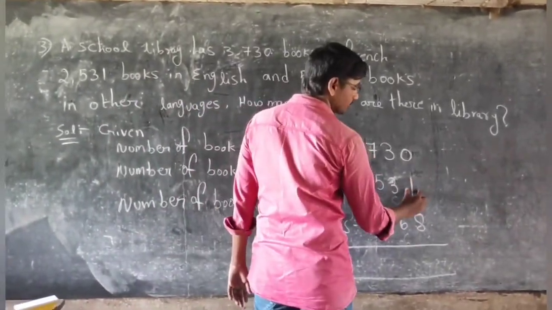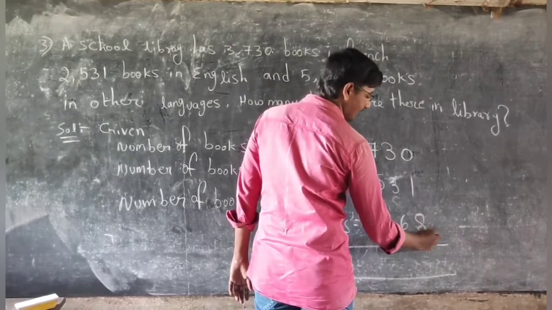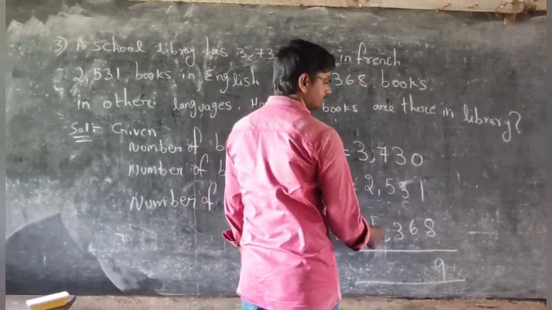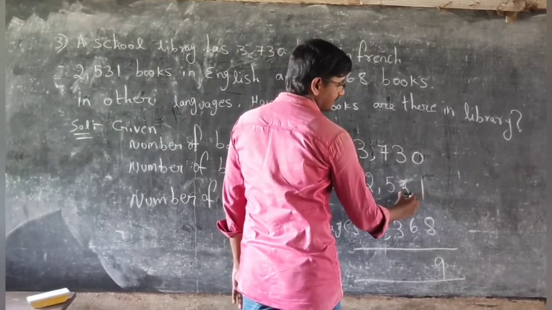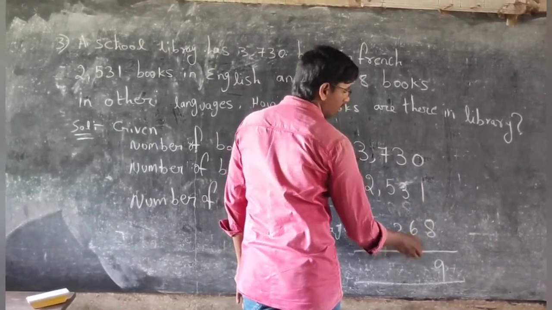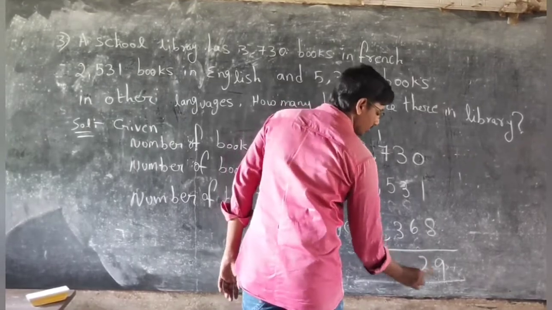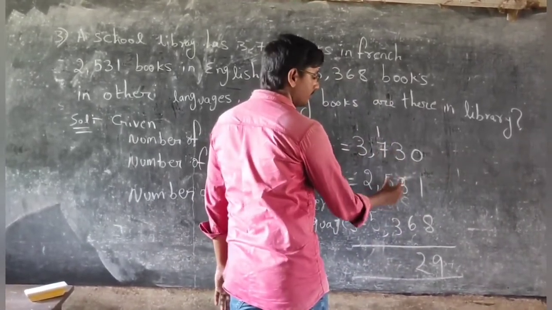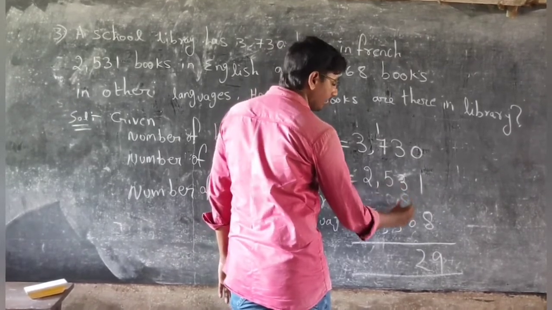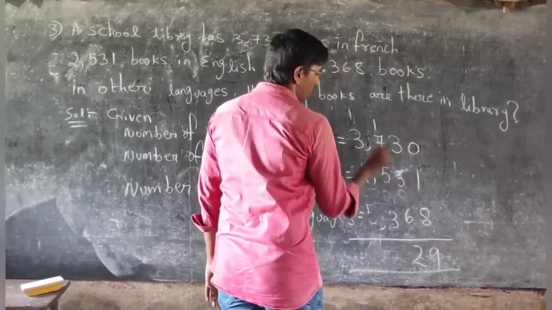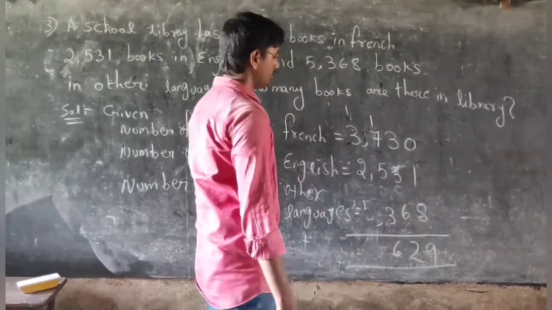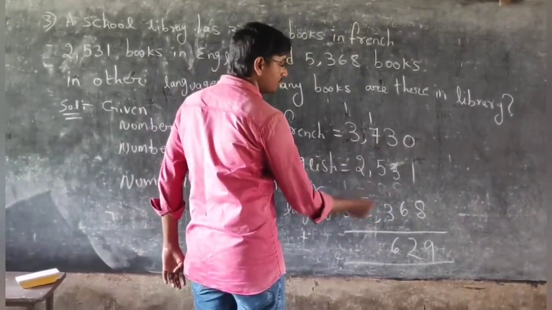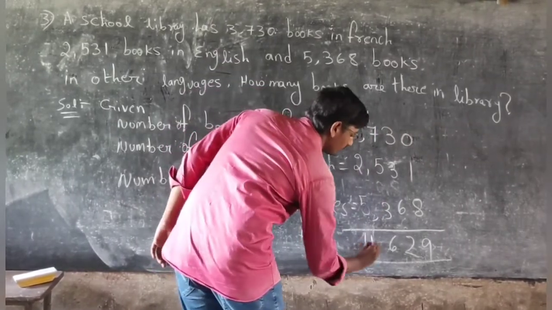Okay, 0 plus 1, 1, 1 plus 8, 9. Okay, next go to the tens place. 3 plus 3, 6, 6 plus 6, 12, 1, 2. Next one, 1 plus 7, 8, 8 plus 5, 13, 13 plus 3, 16, 1, 6. Okay, students, next one, 3 plus 2, 5, 5 plus 5, 10, 10 plus 1, 11.